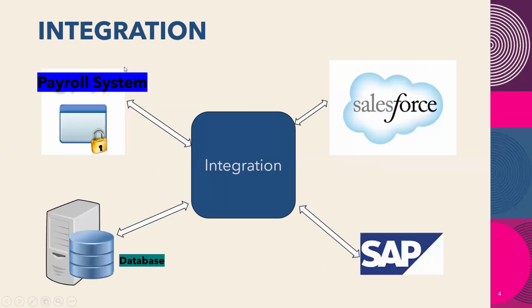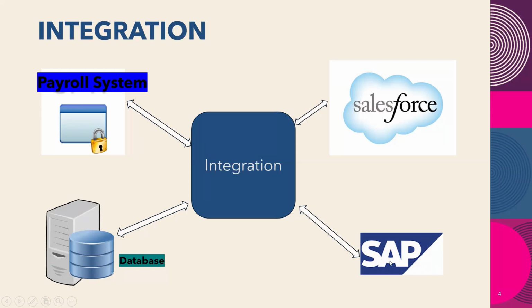Let's say you have an organization, and you have Salesforce for the CRM-related activities, and you have your SAP system for the inventory levels, and you are also maintaining a separate payroll system application. By using these integration tools, you can exchange the relevant data. From the CRM application, you can get the customer information and send it to the target system, called a database.